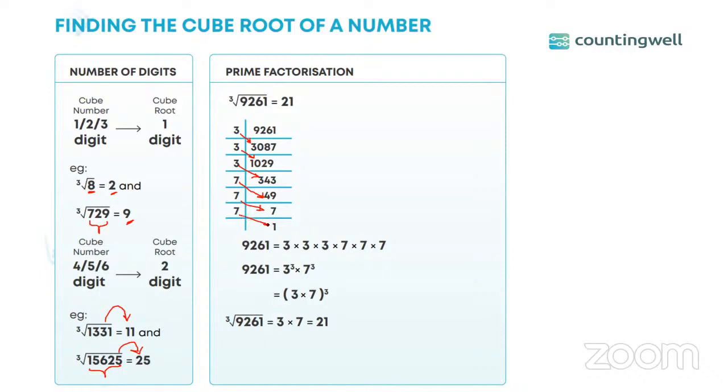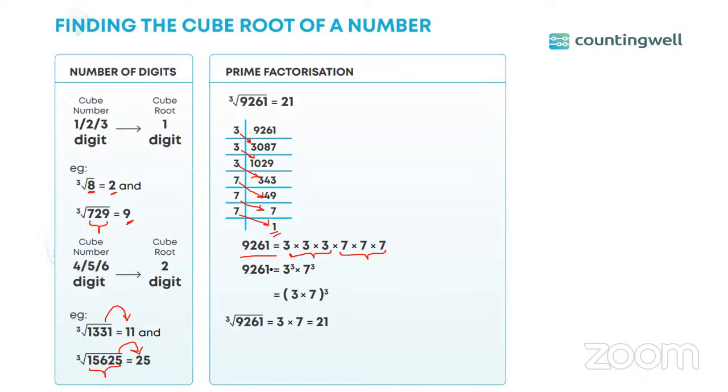So we have 7 times 1 is 7. We repeat the procedure till we get 1. So we have the prime factorization of 9261 as 3 times 3 times 3 into 7 times 7 times 7.